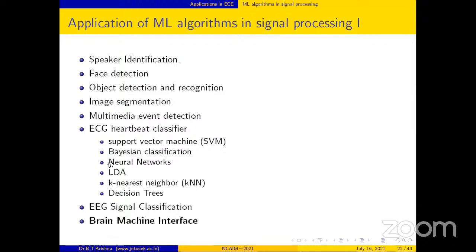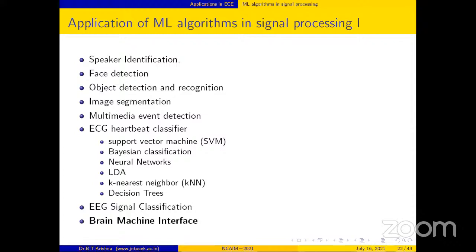You can compare the performance of all these classification algorithms, taking one figure of merit, which can be accuracy or some other value. You compare support vector machine, Bayesian classification, and neural networks with each other, and prove that a particular one is better than the others based on accuracy or other measures. That is one way of doing a BTech or MTech project work, comparing all the machine learning algorithms.